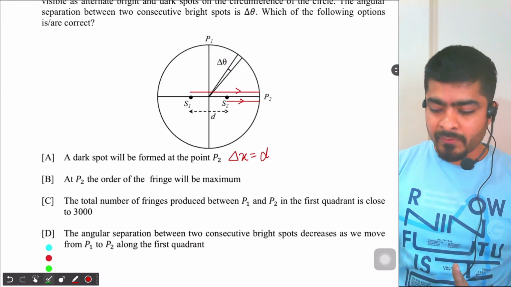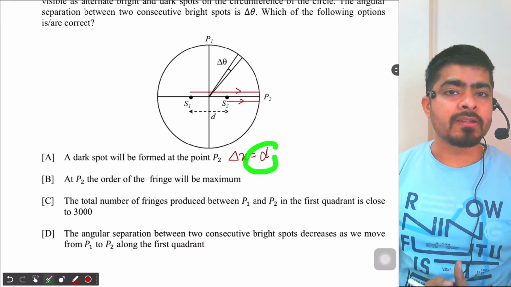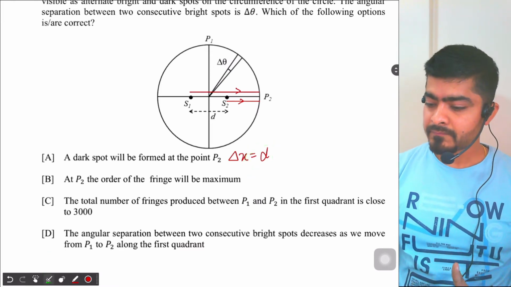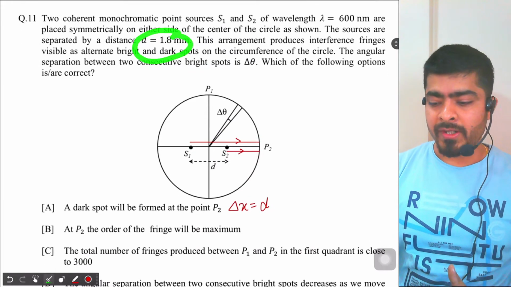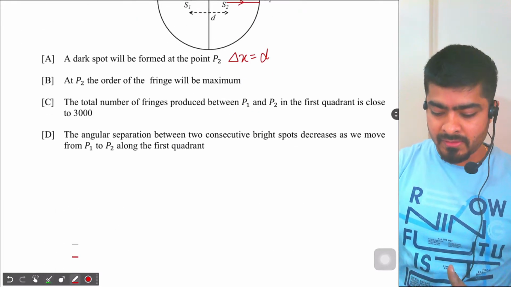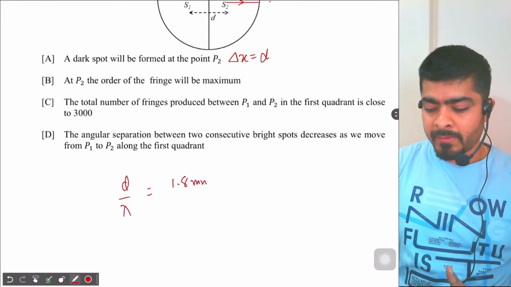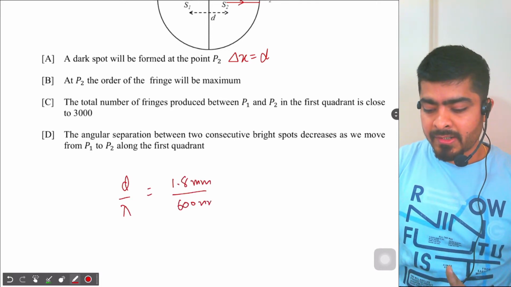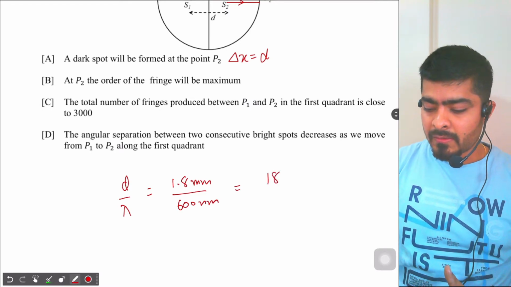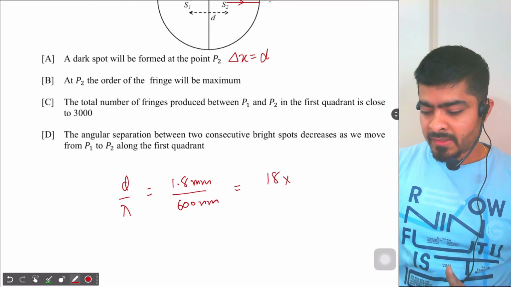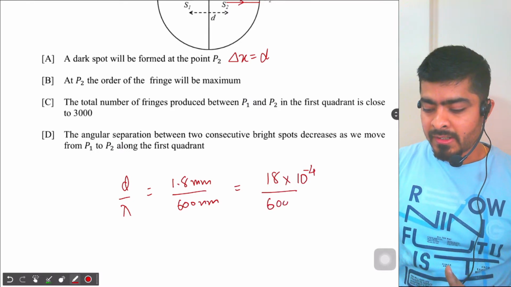Now we have to check whether d is a multiple of wavelength or not. d is 1.8 millimeter, lambda is 600 nanometer. So let's calculate d by lambda: 1.8 millimeter divided by 600 nanometer, which is 18 times 10 power minus 4 divided by 600 times 10 power minus 9.